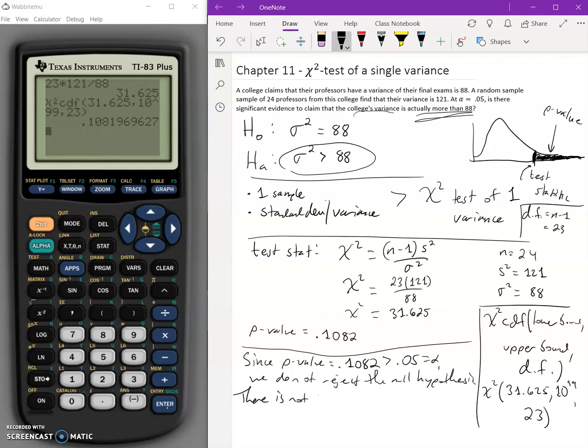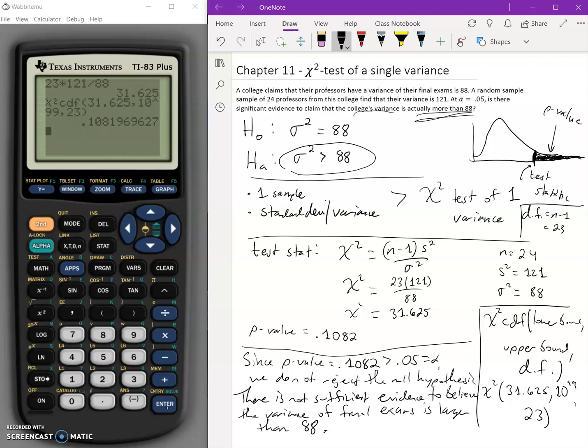There is not sufficient evidence to believe the variance of final exams is larger than 88. So that's what the result of our test gives us.